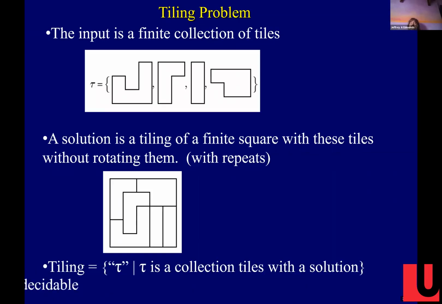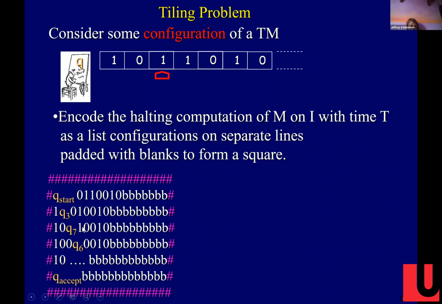So again, that's undecidable. And how we do it is we encode the description of the Turing machine at each point in time. And we say, if M halts on I, then you can put the tiles together to make a square. And if M doesn't halt on I, you can't.